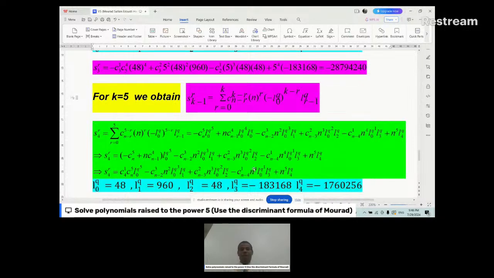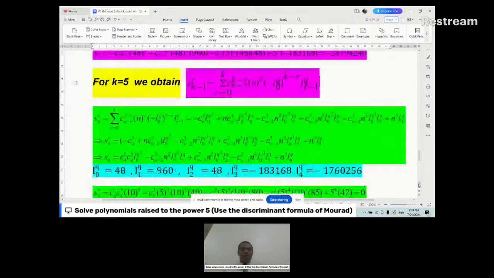After that, you extend the power if it is necessary, because nothing changes. Solving a polynomial to the power 5 is the same as solving a polynomial to the power 6, but the last term is going to be equal to 0. Means for a polynomial to the power 6, L5 is equal to 0 immediately. So we continue, we'll see this after.